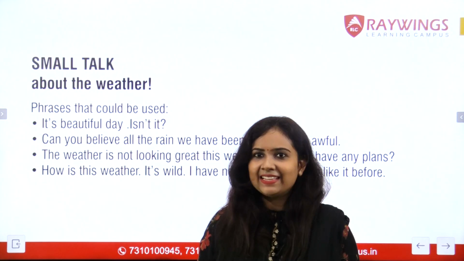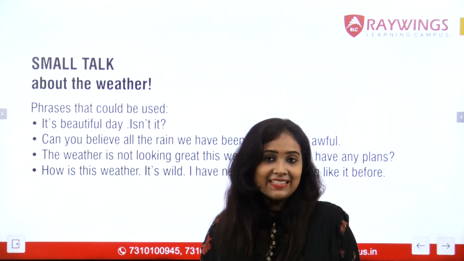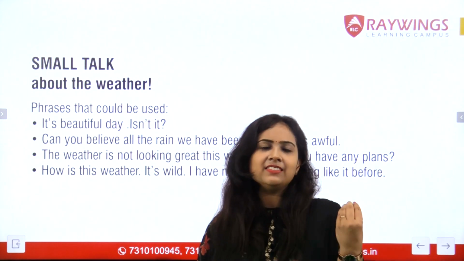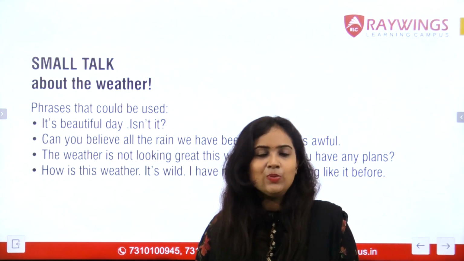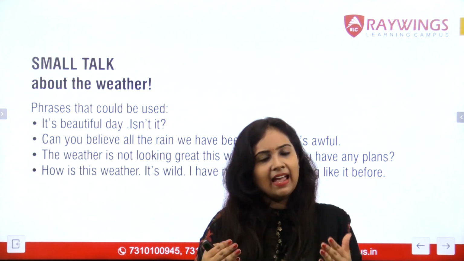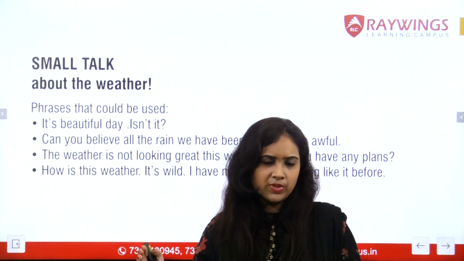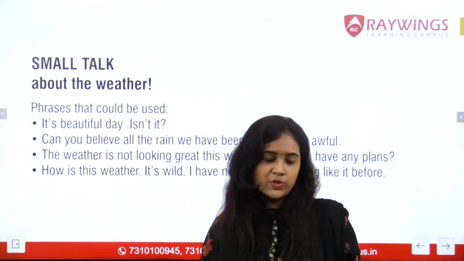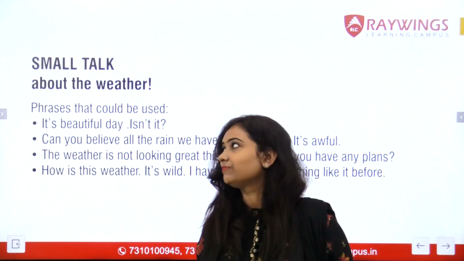Then you can simply say that, okay, even I'm seeing this kind of weather for the first time in my life. So these are certain things you can actually use to start a small talk, and then you can go with the conversation, and with the passage of time, you get an opportunity to know the other person better.